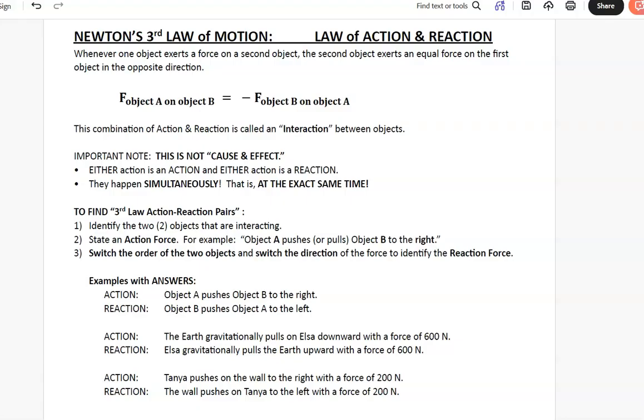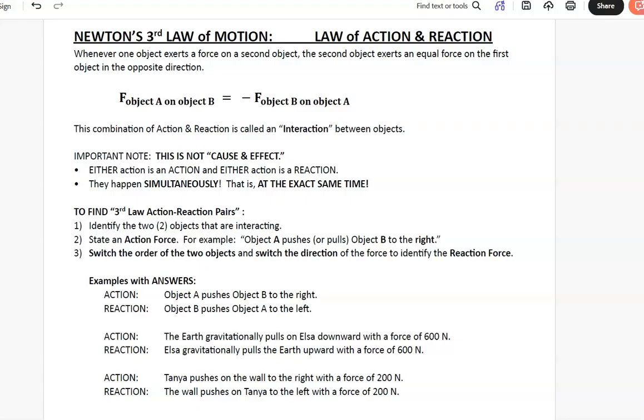And whenever you have one of these forces and then another force that's in response to that, we call one the action force and we call the other the reaction force. Either force is the action force and either force is the reaction force.